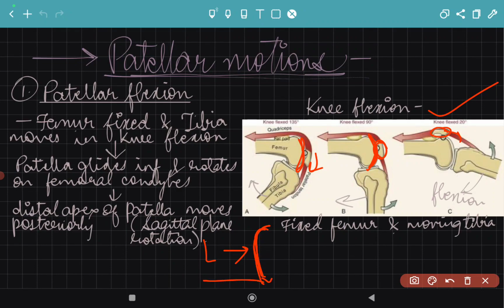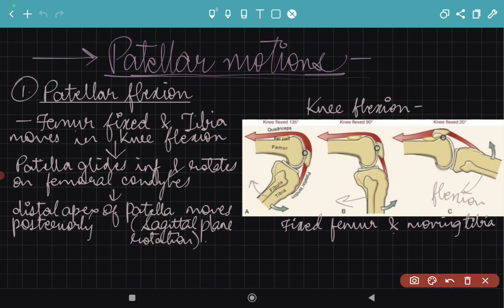The inferior part is the apex, so we have to judge according to the apex. As the distal apex of the patella moves posteriorly in the sagittal plane, this is the sagittal plane rotation of the patella during knee flexion where the tibia moves.